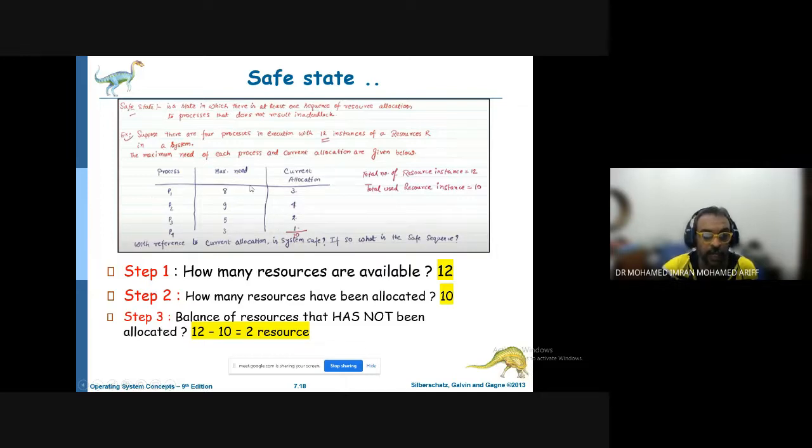If this is a safe state, what is the sequence? That means which process has to run first? Is it P1 and then P2 and then P3 and then P4, or P2, P3, P1, P4, or what is the sequence? That is what the question is asking.